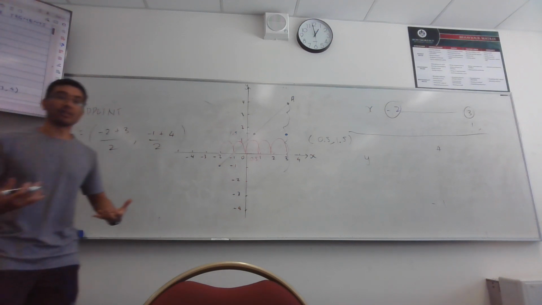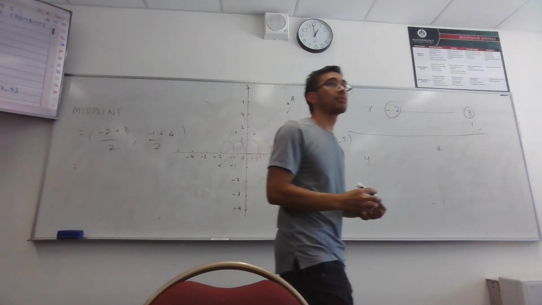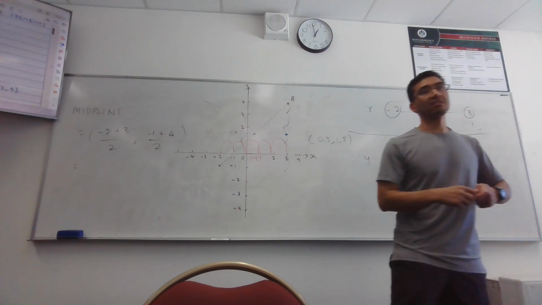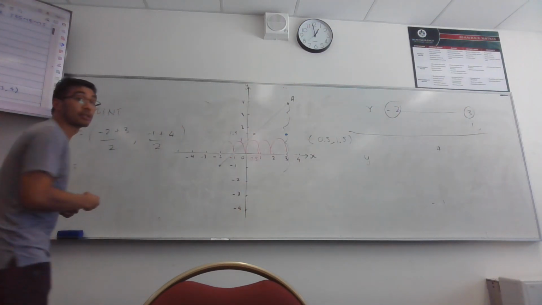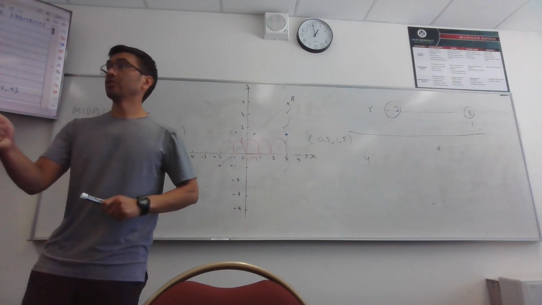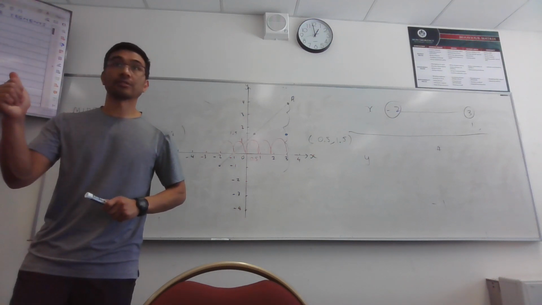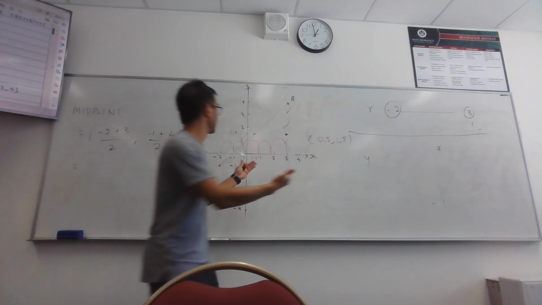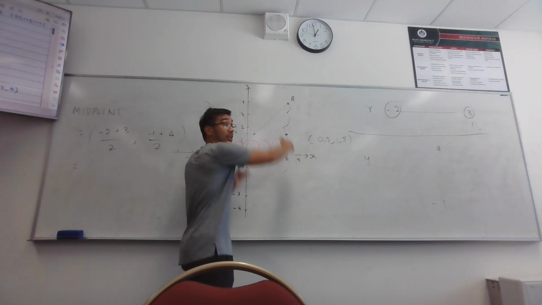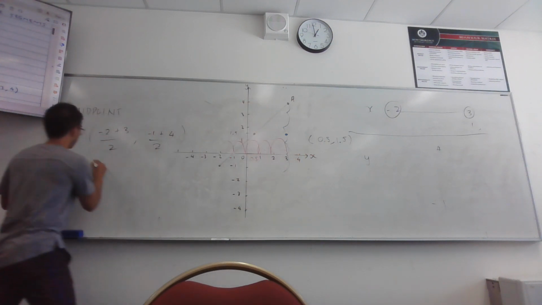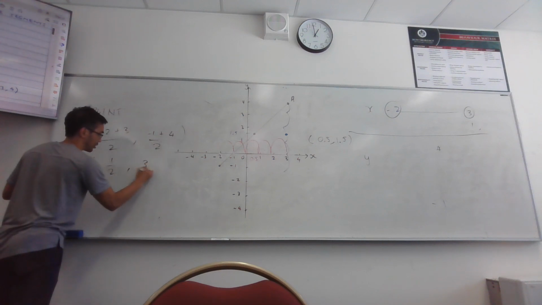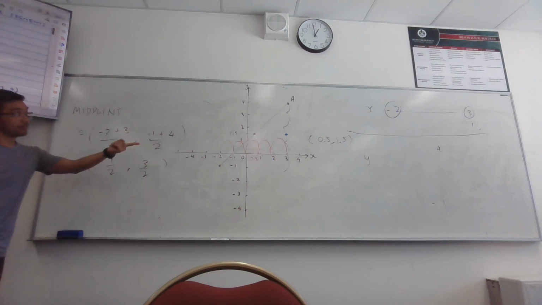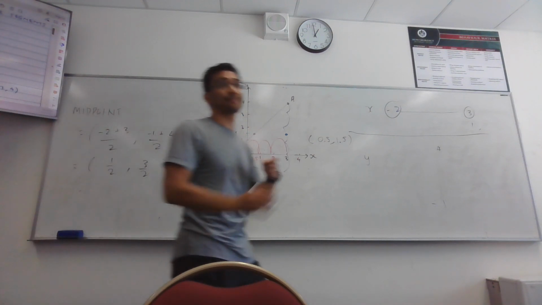What are we calculating here? It starts with A, second letter B. An average. We're averaging the two values, left to right, up to down. 3 minus 2 is 1 on 2. 4 minus 1 is 3 on 2. And we got it, it's just in fractions.